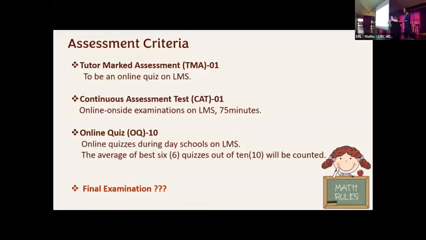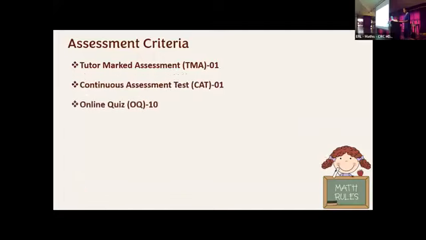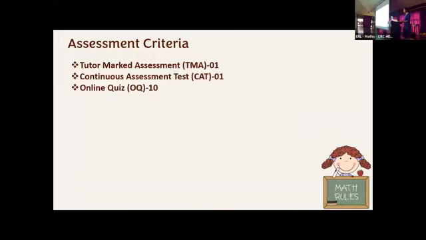Okay. Then how about the final examination? There is one more stage before the final examination. Based on these 3 activities, you are going to see whether you are able to sit for the final examination or not. The criterion we call OCAM, Overall Continuous Assessment Mark.